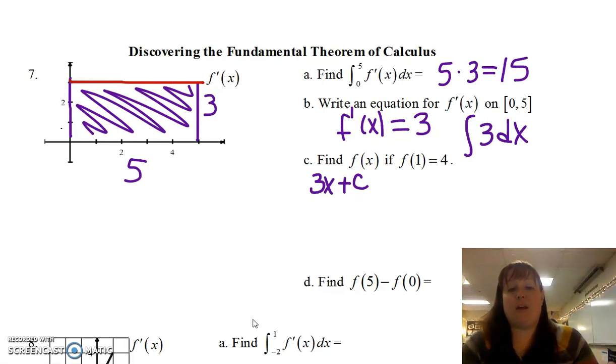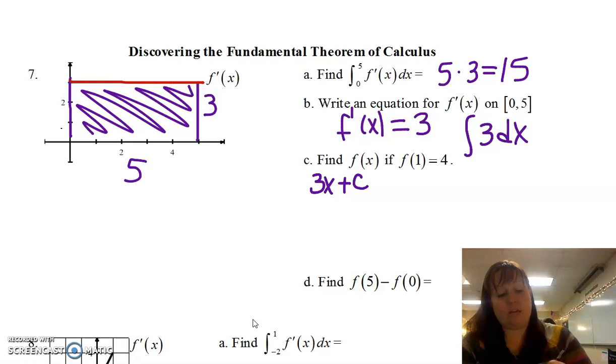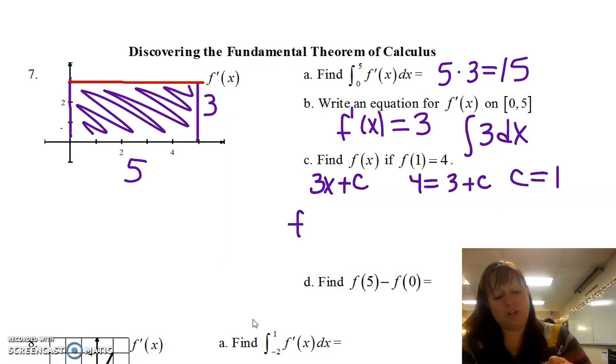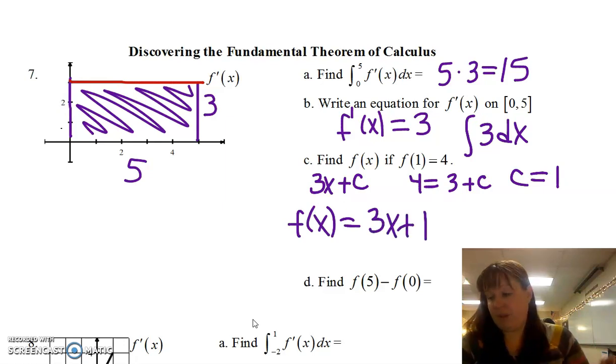That's our function. Now it says f of 1 equals 4, so we can use that to find our c. When x equals 1, y equals 4, so we have 4 equals 3 plus c, so c equals 1. So our actual function, f of x, is 3x plus 1.